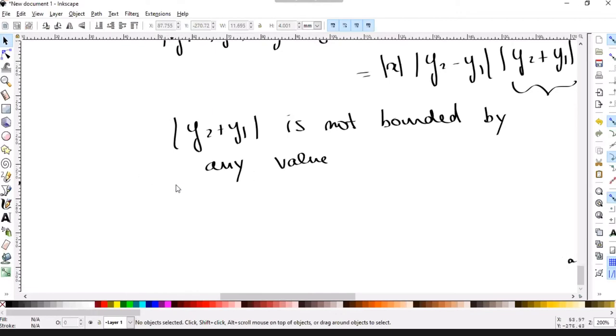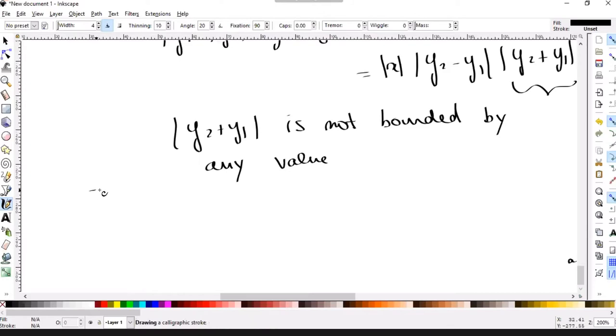Okay, now let's take an example 3 here. Some other differential equation.